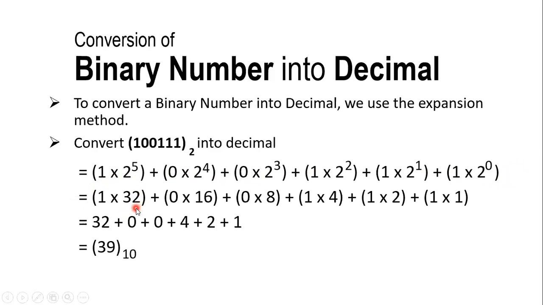For that, 1 is written as such, multiplied in the same manner. Why is this 32?